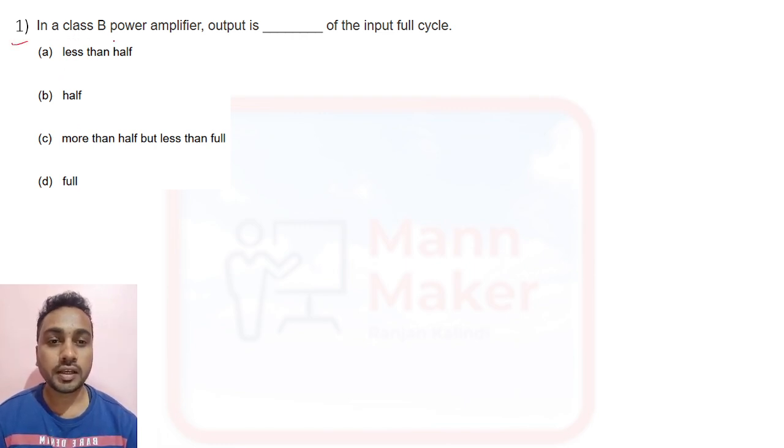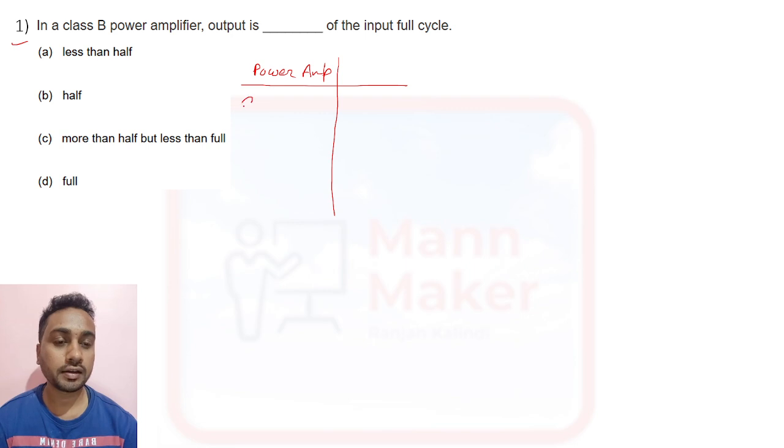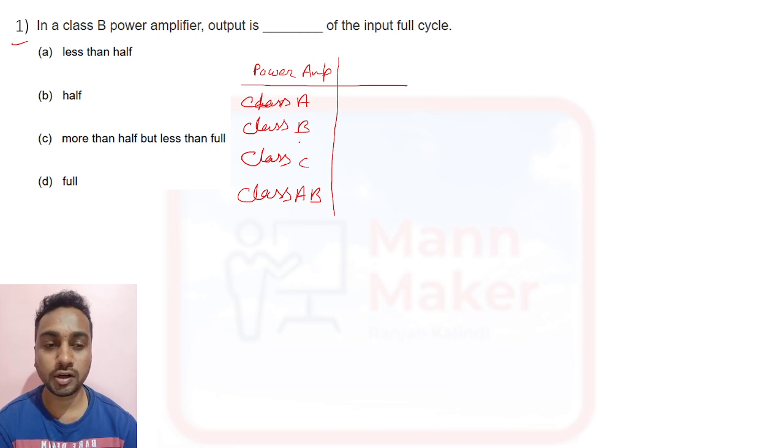Question number 1: in a class B power amplifier, the output is dash of the input full cycle. If we see power amplifiers, generally we have four types: class A amplifier, class B amplifier, class C amplifier, and class AB amplifier.